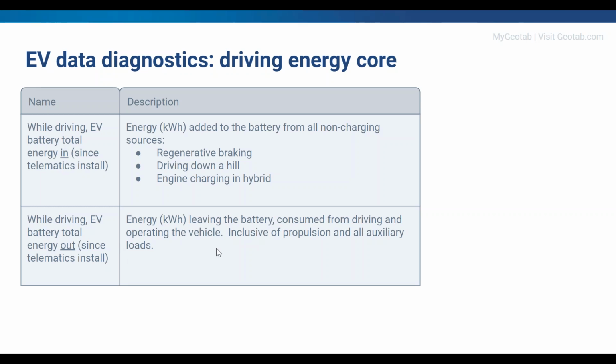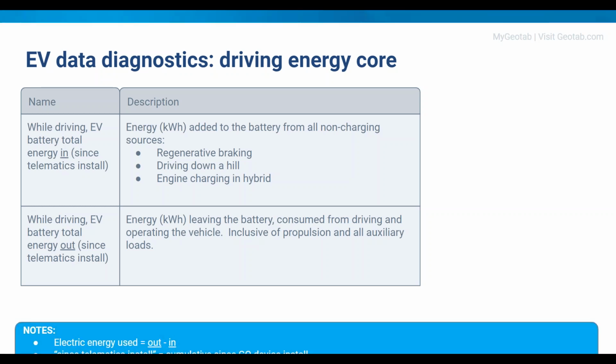And this is the one where energy is leaving the battery while operating the vehicle. When you see electric energy used in the fuel and EV energy usage report, it's really a calculation of out minus in. We're essentially using two data diagnostics to create that calculation for you, and that's how the value can be negative. And there's an explanation there.